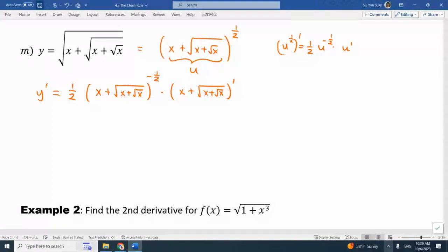So let's rewrite it to the standard form. This guy is x plus square root of x to the 1/2. Square root is that thing to the 1/2.